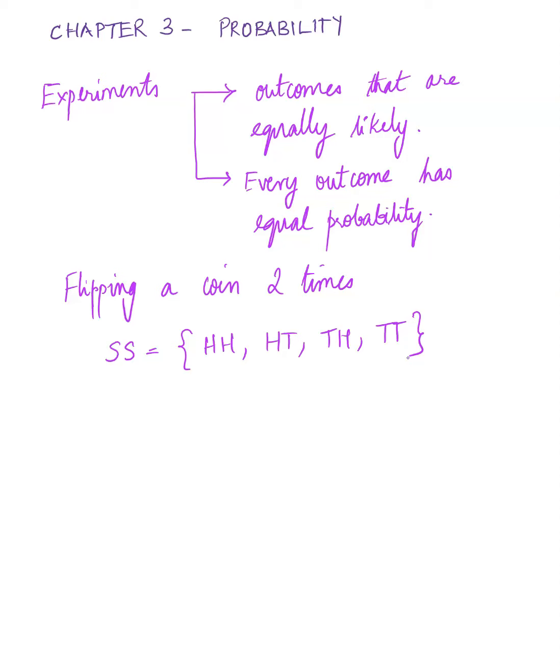In fact, there's a law of large numbers which says if we keep repeating this for a very large number of times, your theoretical probability will match the actual probability. Okay? So that was a lot of theory there. So we've seen the theoretical probability as the long-term relative frequency.